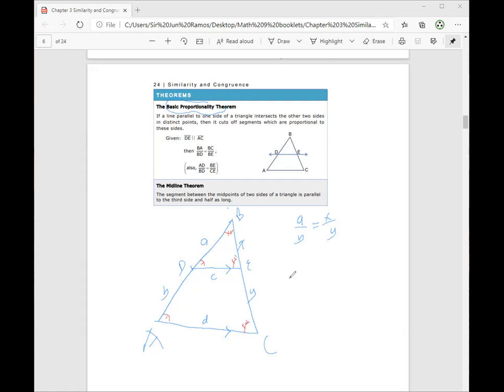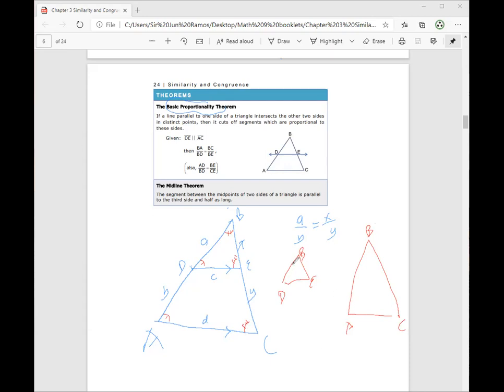Hence, we have triangle DBE is similar to triangle ABC. Okay, I will separate that. Triangle DBE is similar to the big triangle ABC by AAA similarity theorem.